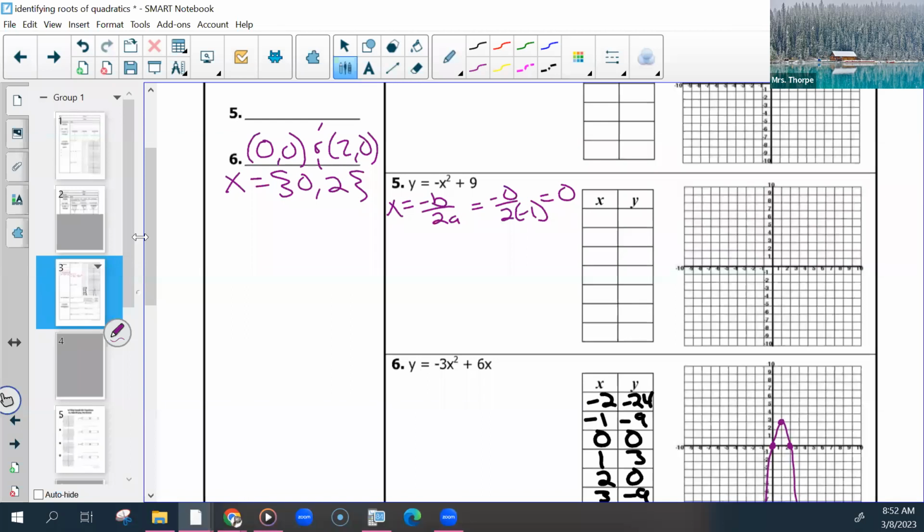If I put 0 back in, what would the y value be? That's B. You don't have a variable with just x, so what would your y value be? 9. So your ordered pair in the middle would be 0, 9.